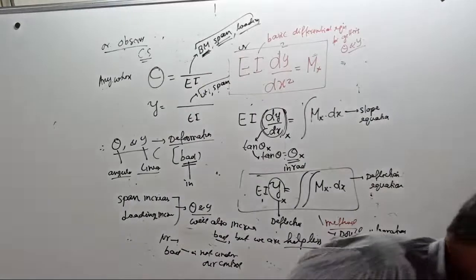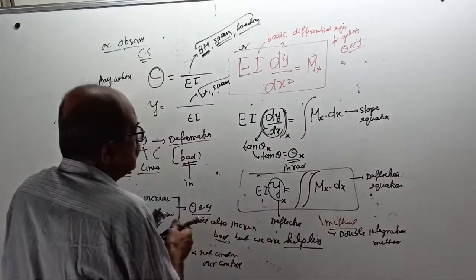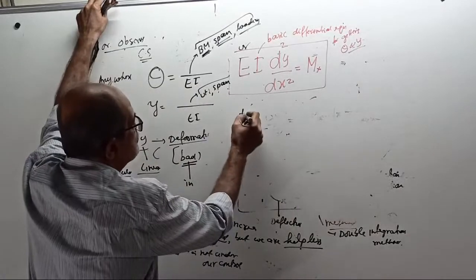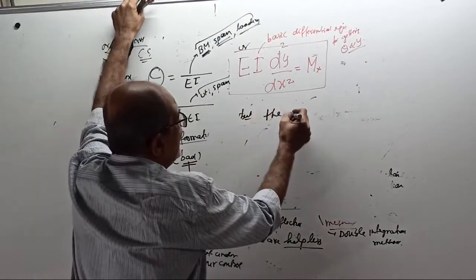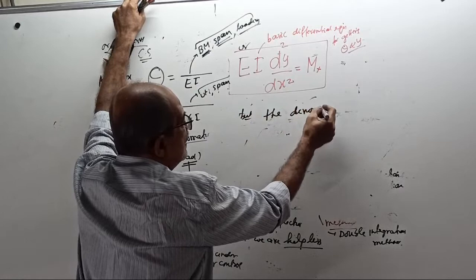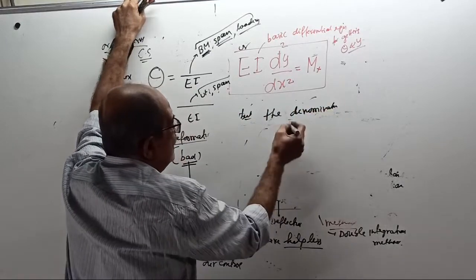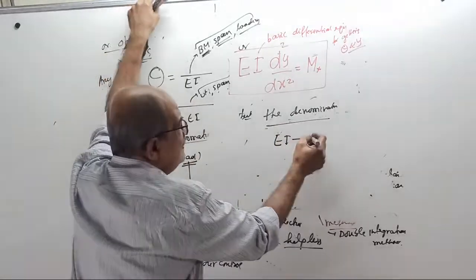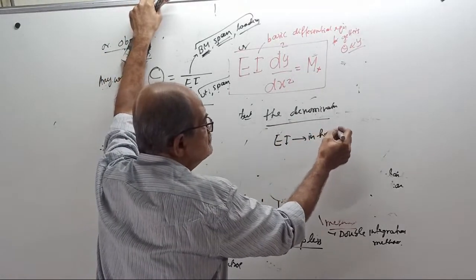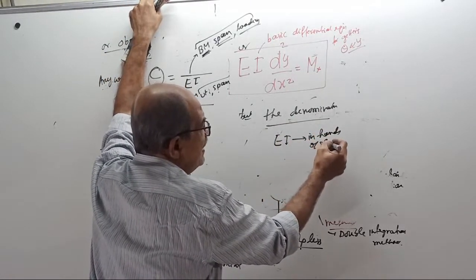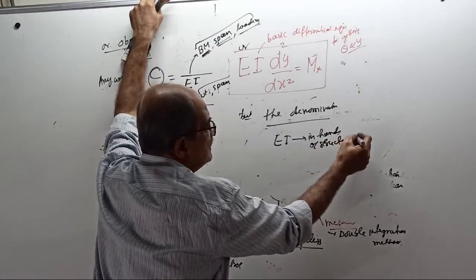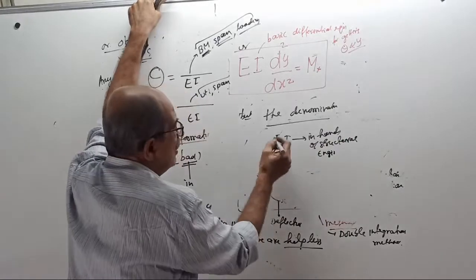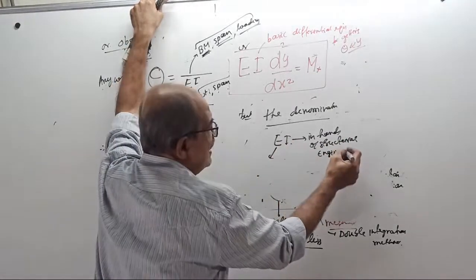But the denominator term, that is EI, is in the hands of the structural engineer. Of course, E is a material constant, but I is in the hands of the structural engineer.